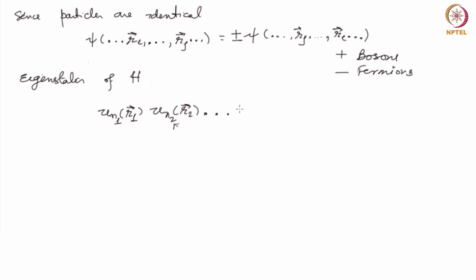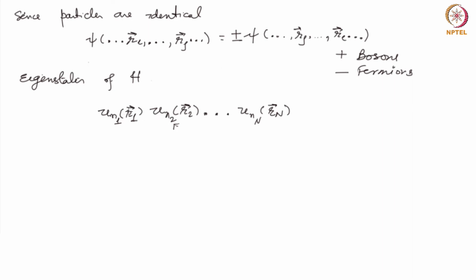But anyhow, un subscript n of rn. The eigenstates of the full theory will be products of the eigenfunctions of individual particles.